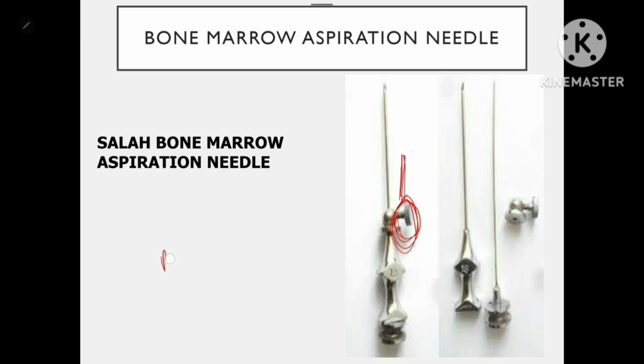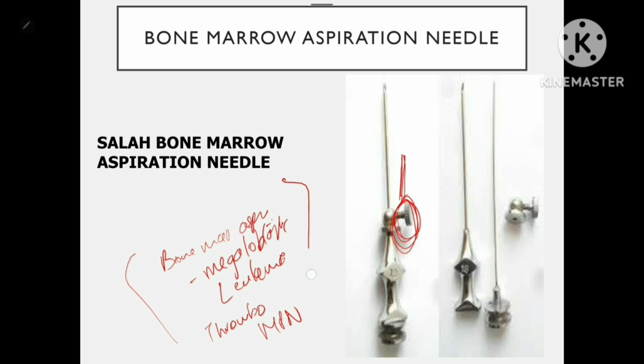The indication is bone marrow aspiration, which helps in diagnosing megaloblastic anemia, leukemia, and other causes like thrombocytopenia, thrombocytopenic purpura, MPN. So these kinds of things it will be useful for.